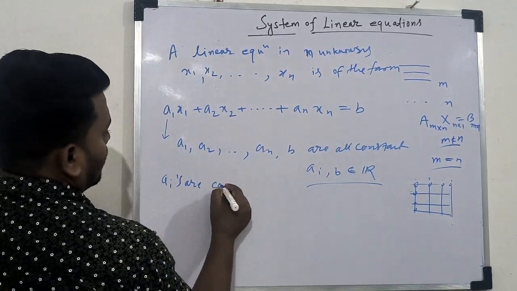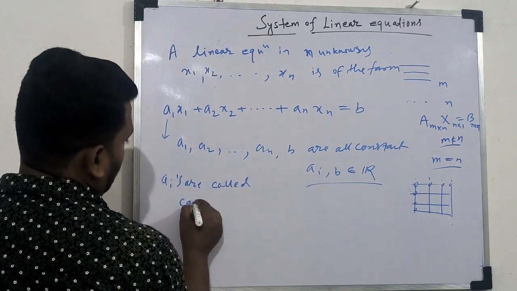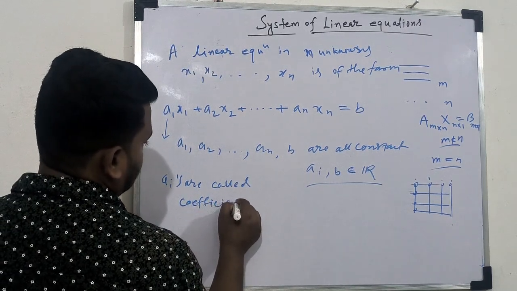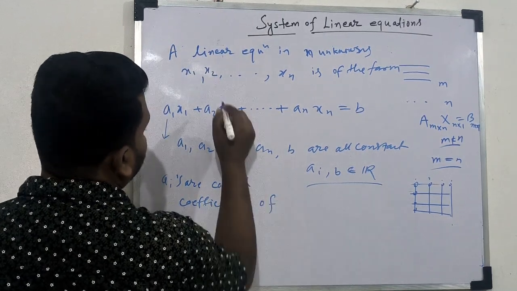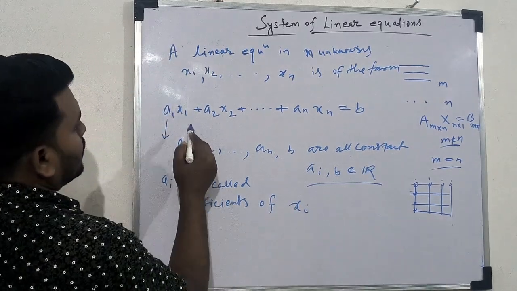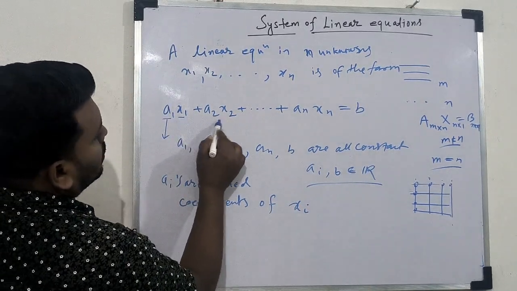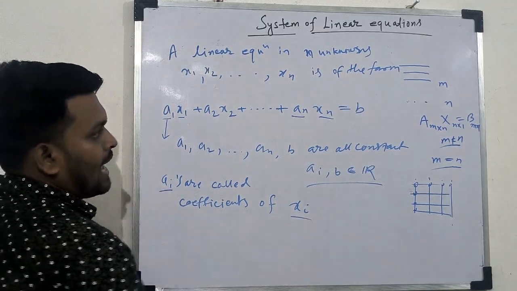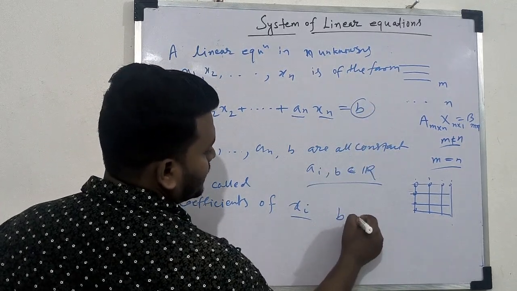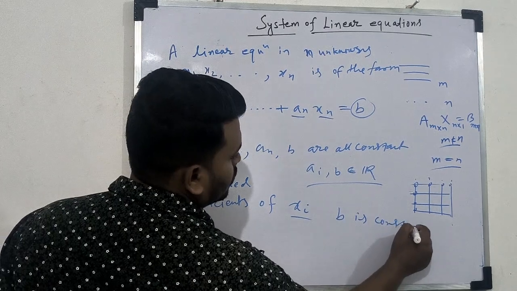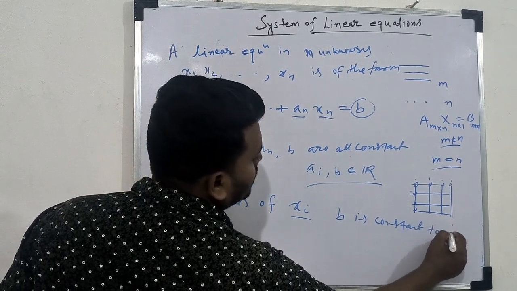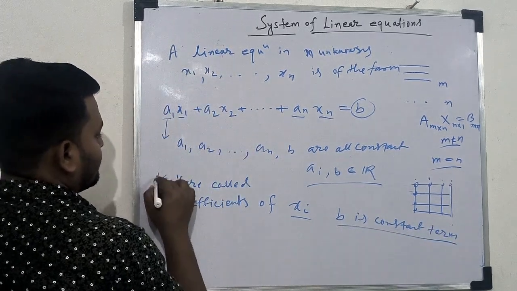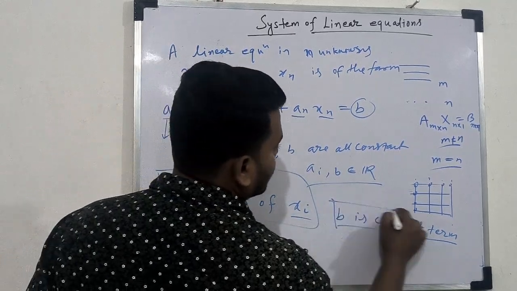These ai are called the coefficient of xi. So a1 is the coefficient of x1 and an is the coefficient of xn. The ai are coefficients of xi, and b is the constant term in this equation. So these are the basic things of a linear equation.